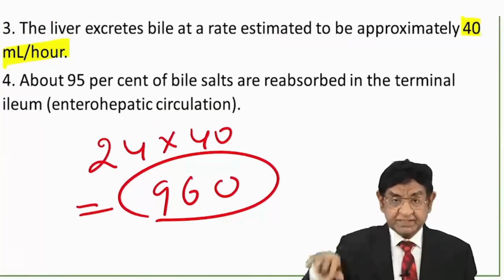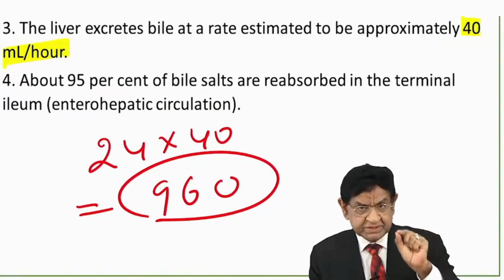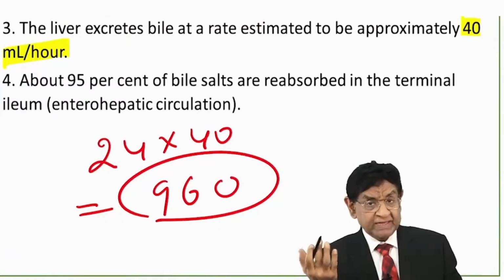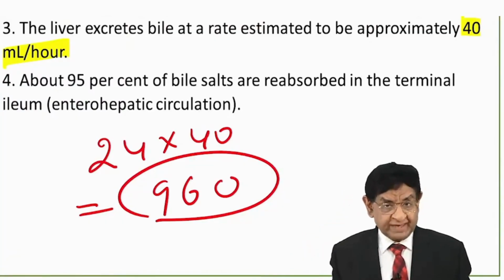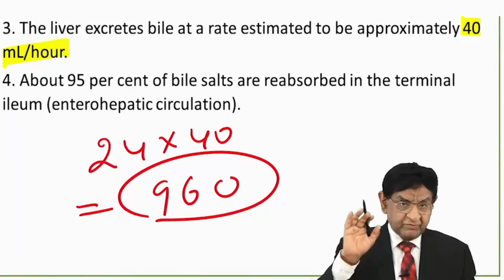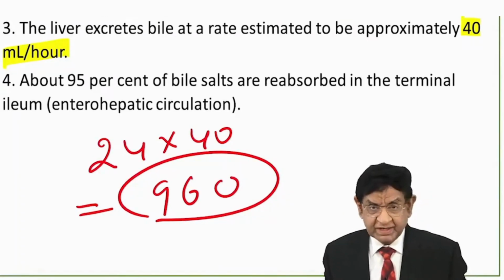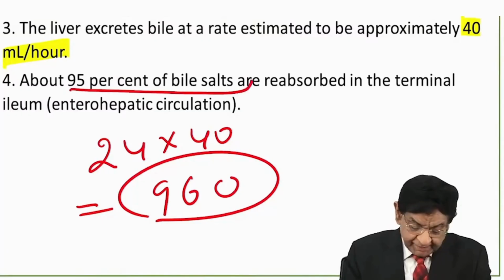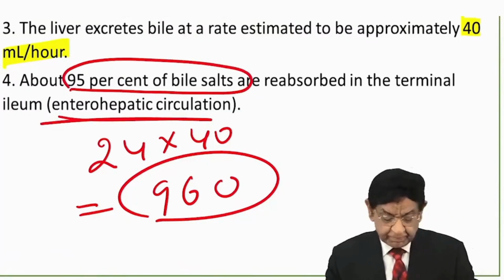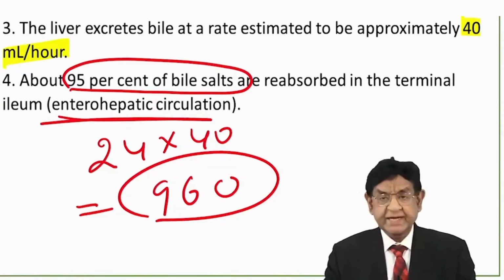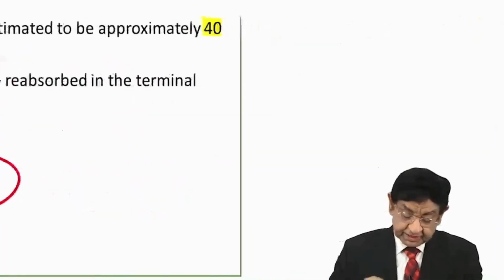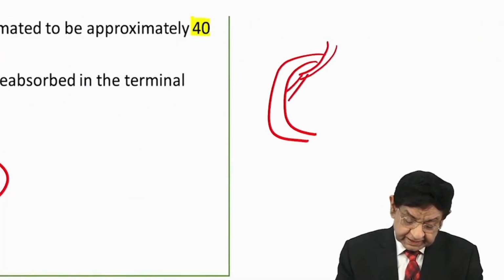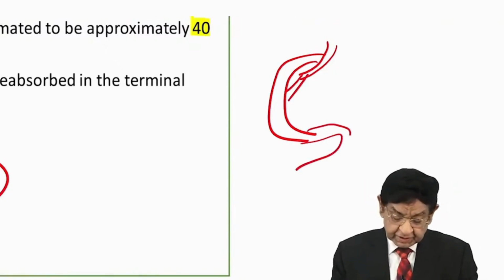And ultimately it comes. But why am I discussing this point? Now comes the most important line. Remember, the bile contains a lot of bile salt, which is very, very important for fat digestion. And of this one liter of fluid the liver is making, which contains bile salt, 95% of bile salt is reabsorbed in the terminal ileum via enterohepatic circulation. What I mean to say is, it comes to the second part of the duodenum, and ultimately goes to the terminal ileum.